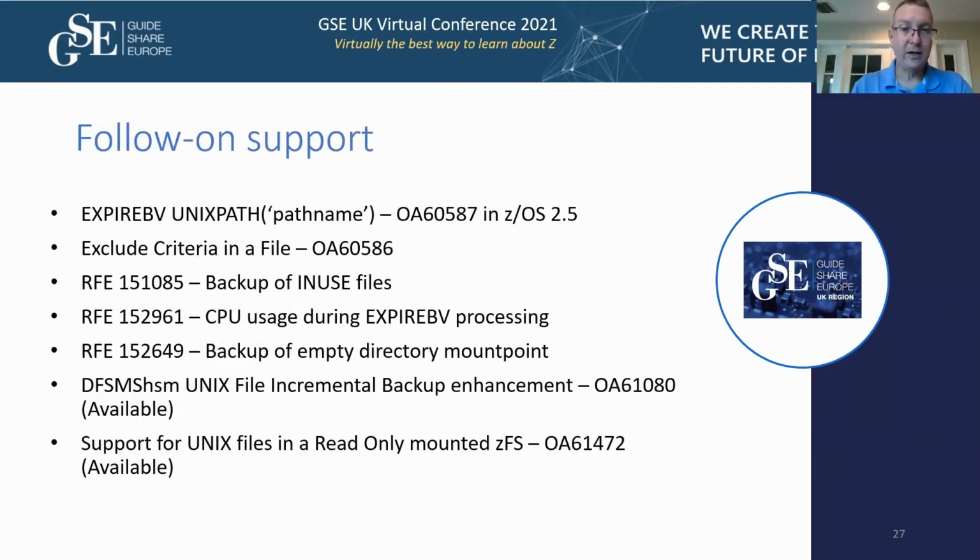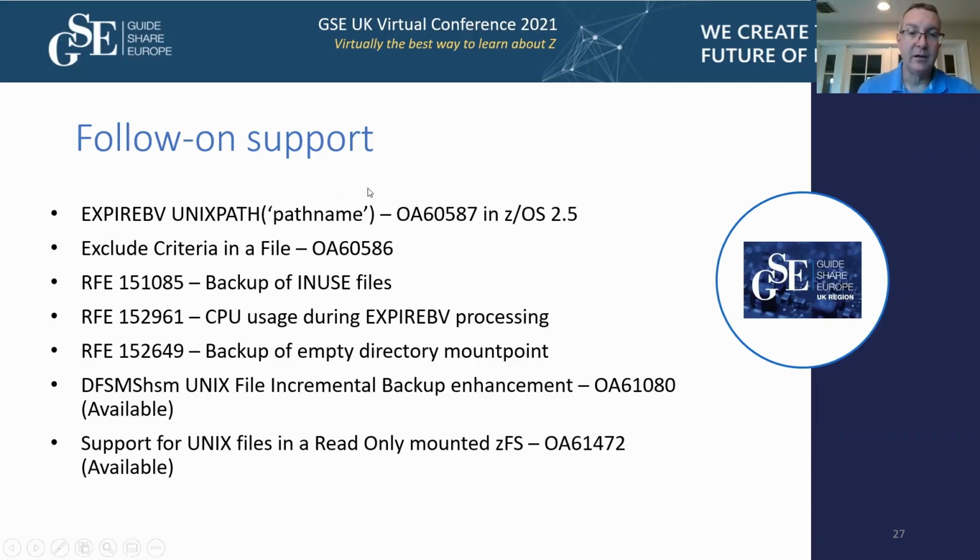So last, before I get to some demo showing actual things, I just want to talk about some of the follow-on support that's still on our plate. We had a request to enhance expire backup volume with a Unix path keyword, so you can target your expire backup volume processing to a specific file name or a directory subtree.